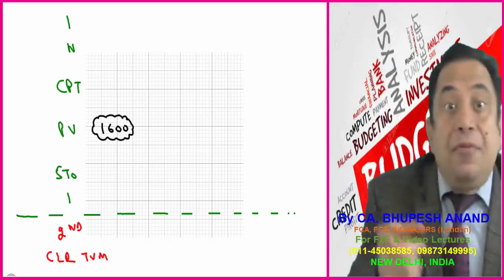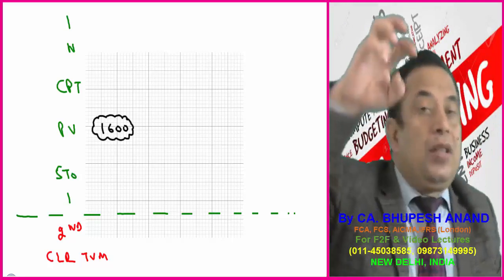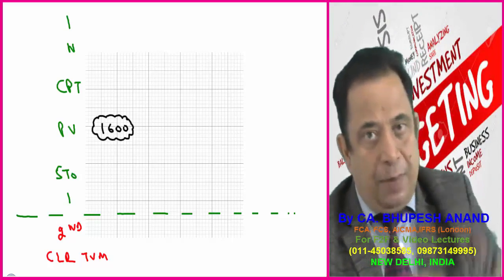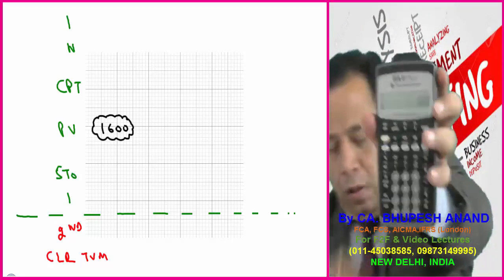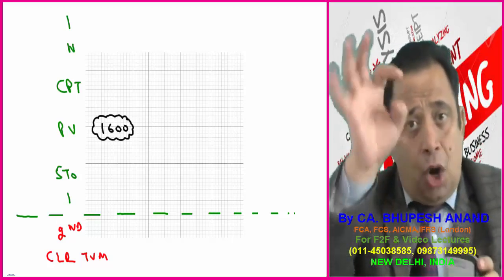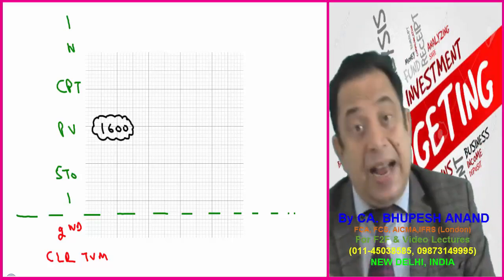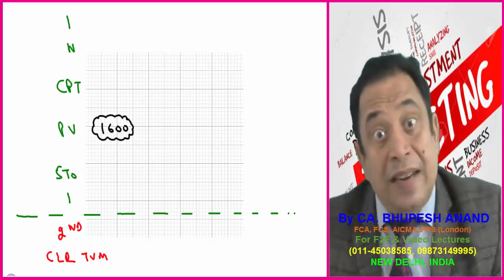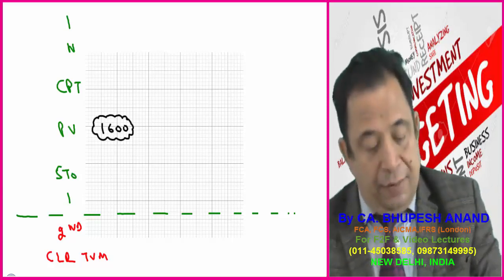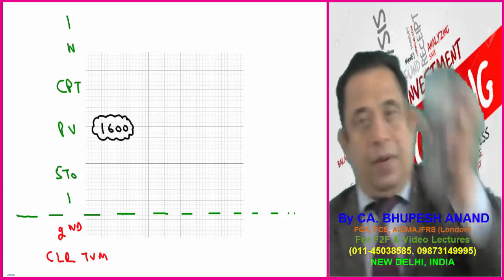Now I have to save it because I want to find out the total. So STO1, I have pressed STO number 1. So now it has been stored in slot number 1. Now again I have to find out the present value of cash flow third year, because cash flow second is not given to me. So again I will do clear TVM.